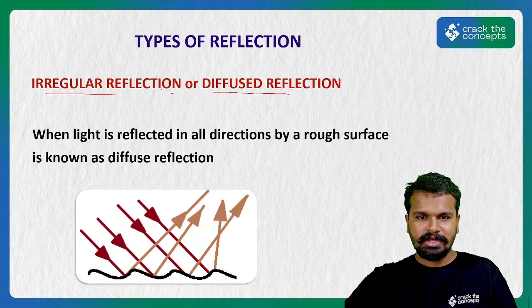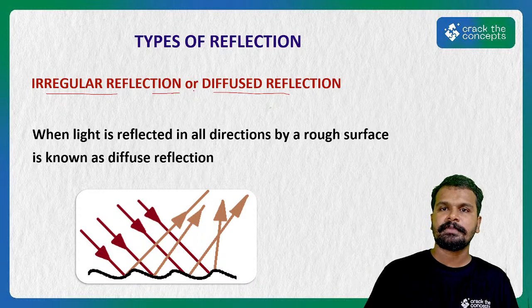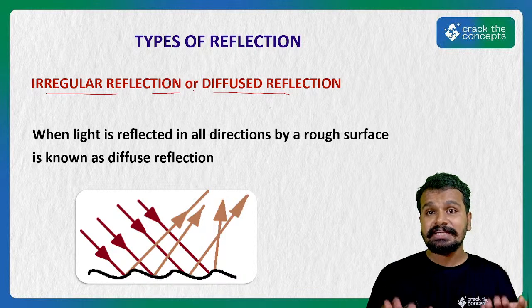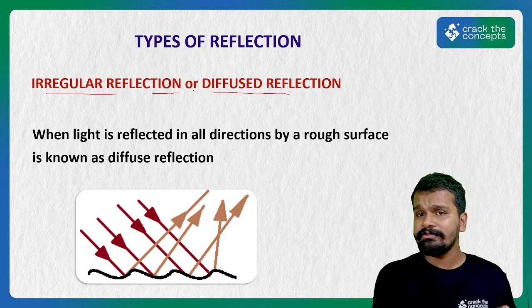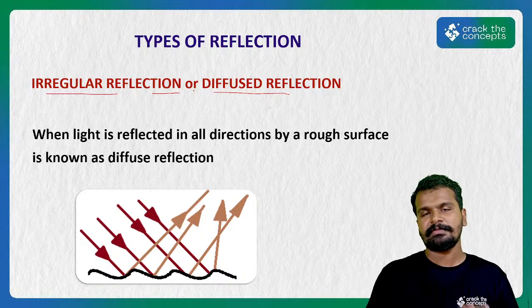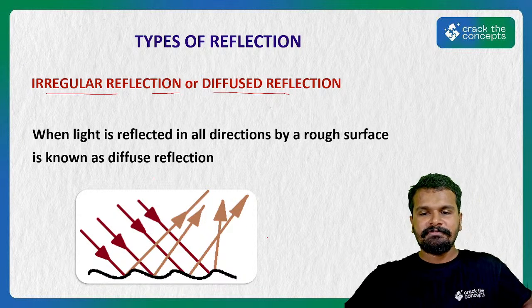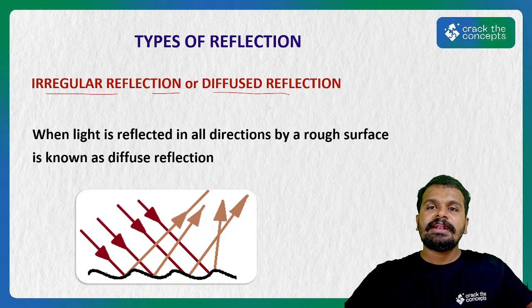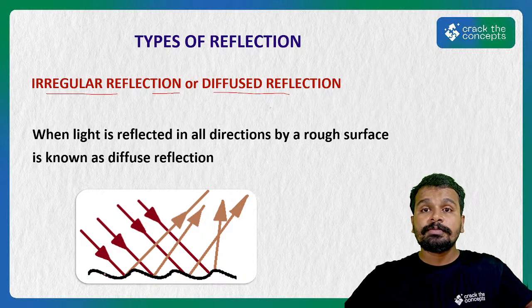Next, irregular reflection or diffuse reflection. What is irregular reflection or diffuse reflection? You already know what regular reflection or specular reflection is, so it's very easy to understand. In the previous slide I had taken a smooth polished surface.